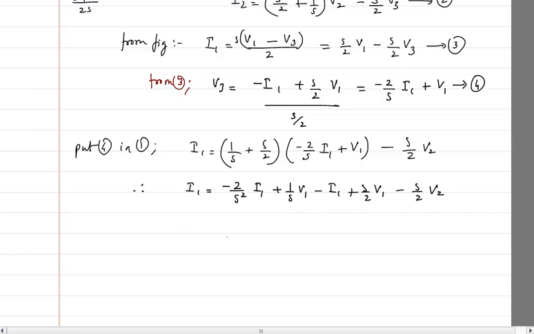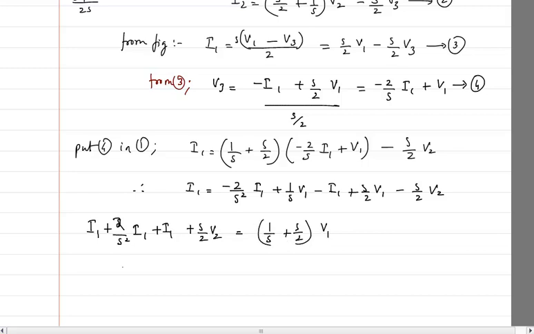I get I1 plus 2 by S square I1 plus I1, and V2 I will also take to the other side, plus S by 2 V2, which is equal to only V1, which is 1 by S plus S by 2 V1.